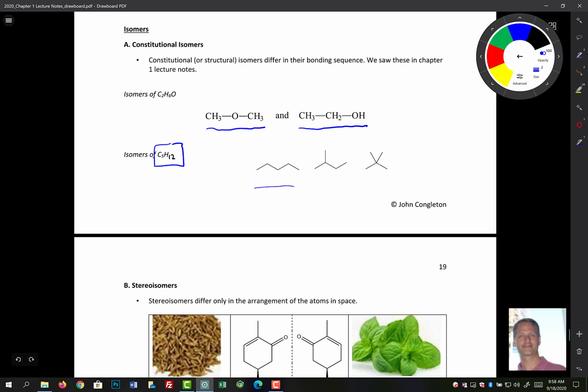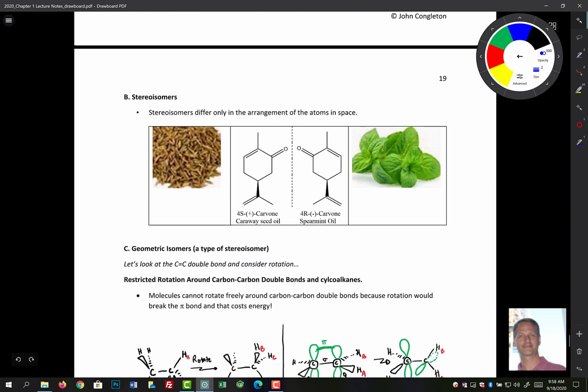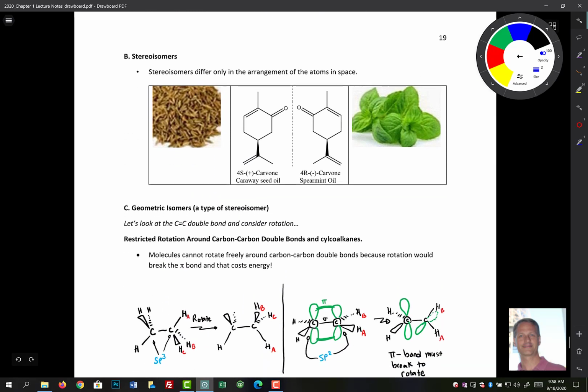Right, we saw that. Remember, we classified these carbons as being primary, secondary, tertiary, or quaternary. Now, the other type of isomerism that's out there is something called stereoisomerism. And this is really important. In fact, it gets its own chapter in organic chemistry.